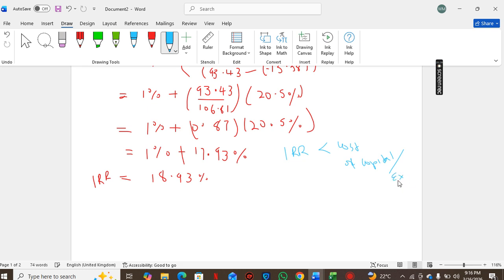So if the IRR is less than the expected return, reject. It means the return you're getting from your project is less than what you expected. Or if it's against cost of capital, the return is less than the cost of financing of the project. So in this case, once you reject from the NPV, automatically with the internal rate of return, you're rejecting also.